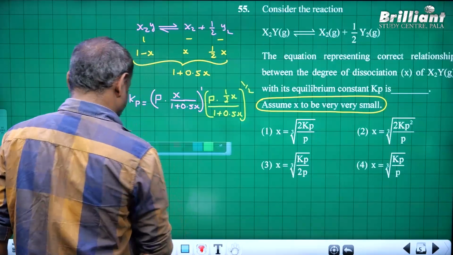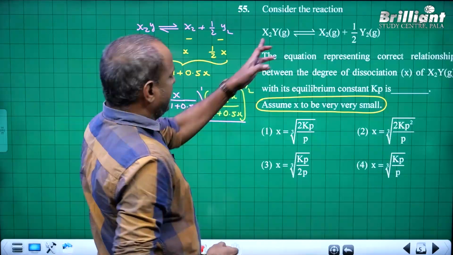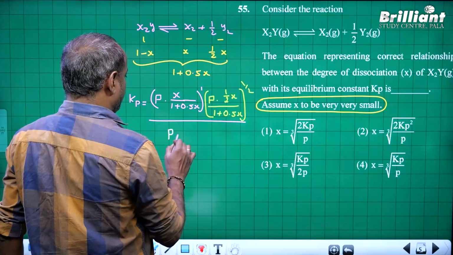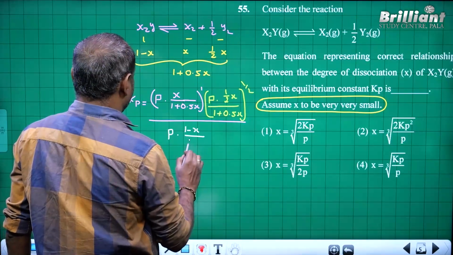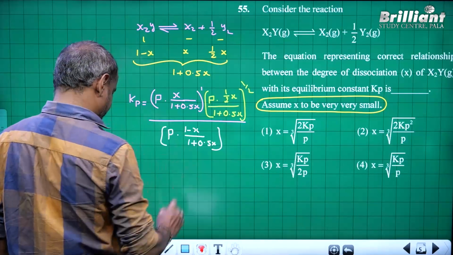Okay. Divided by the reactant: P times 1 minus x by 1 plus 0.5x.